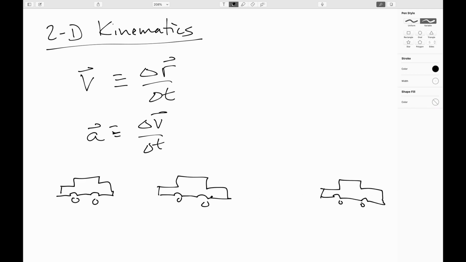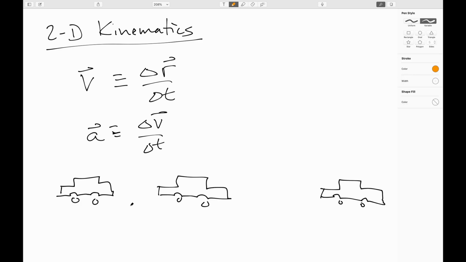Here we can figure out, using these definitions, our velocity and our acceleration.